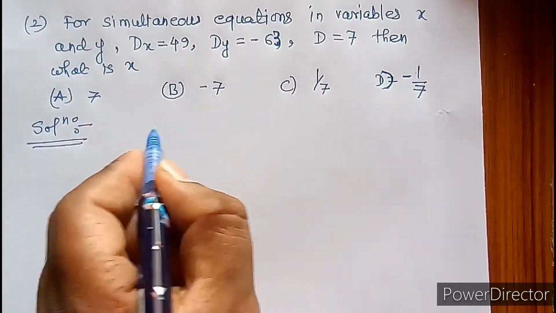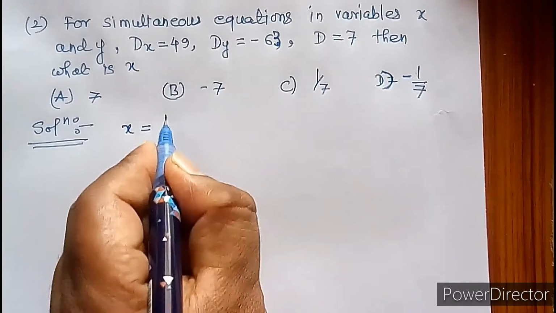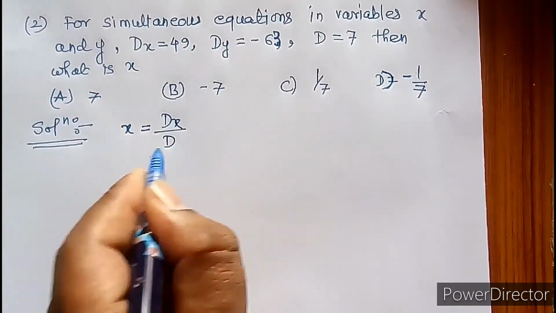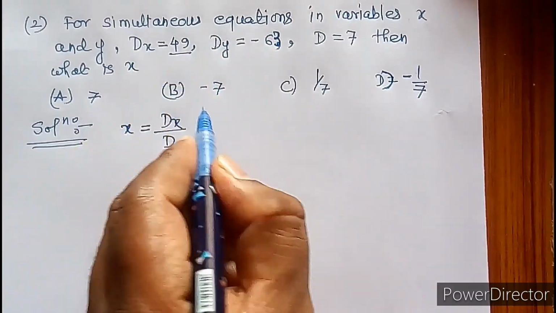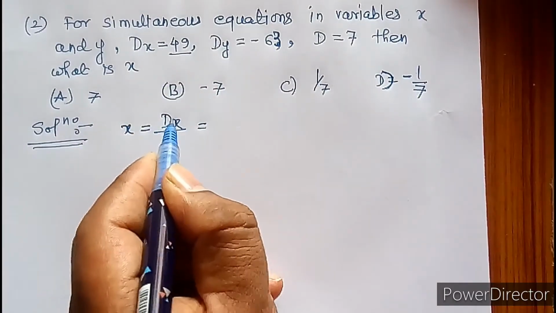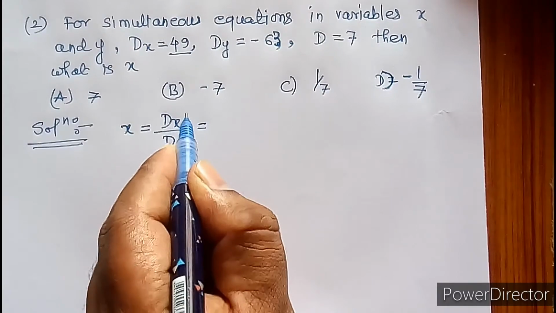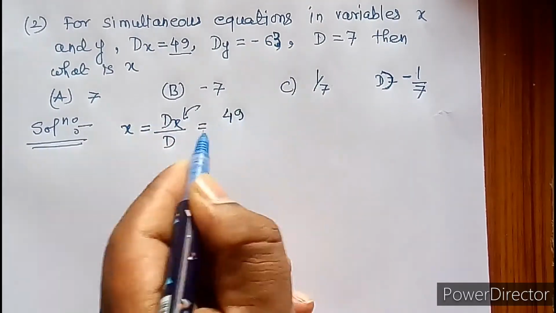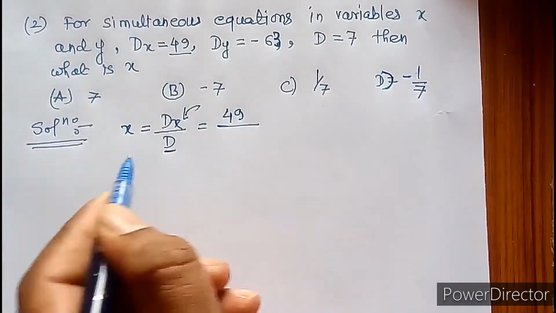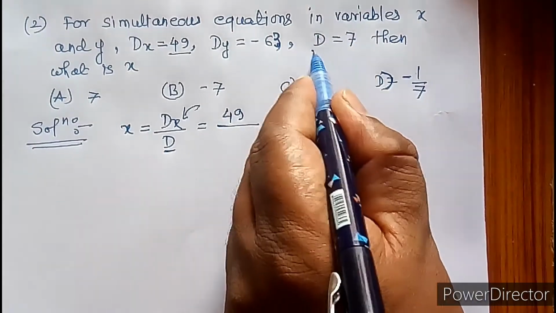We know the formula, that x equals to Dx divided by D. Now here the value of Dx is 49. Therefore put Dx equals to 49. Instead of Dx you have to put 49. Therefore here it will be 49 divided by D. The value of D here given is 7.